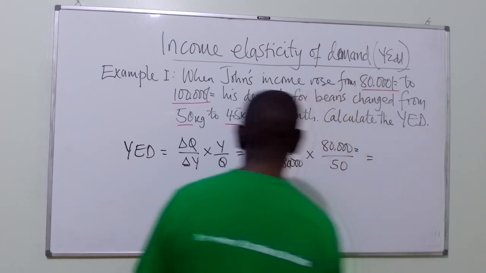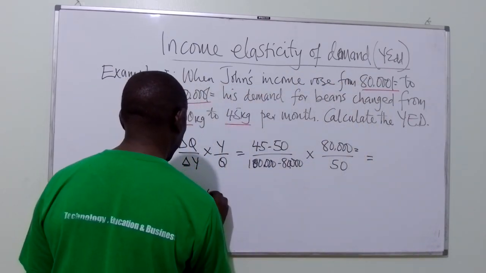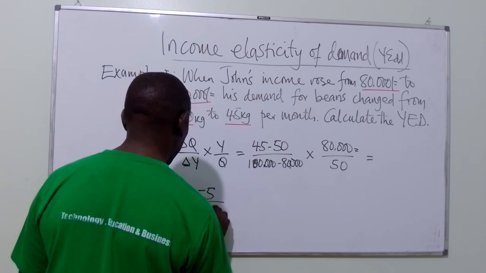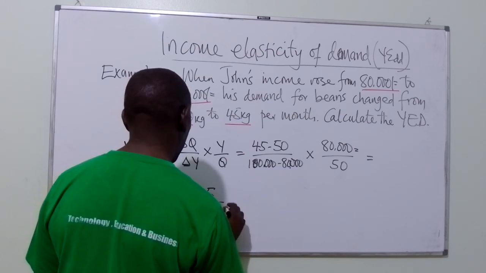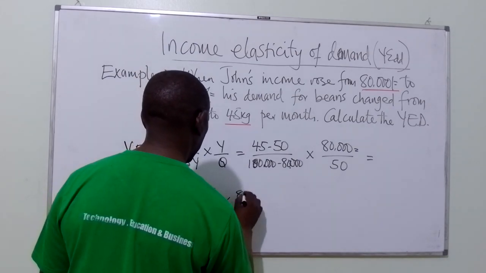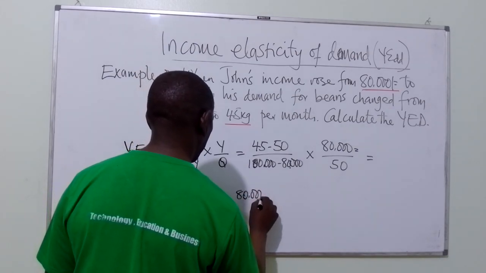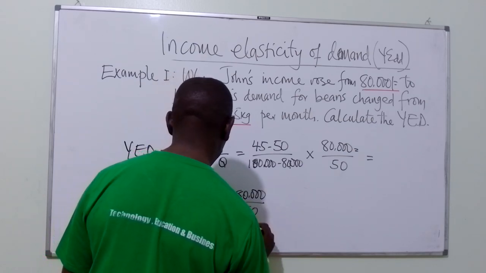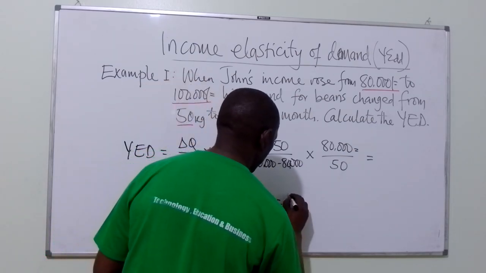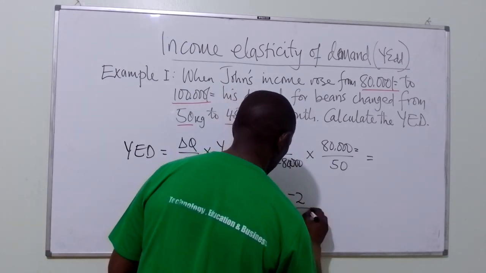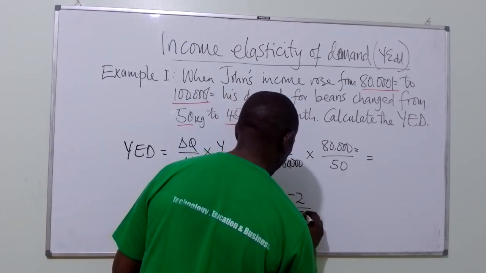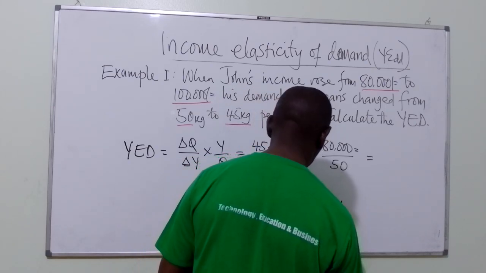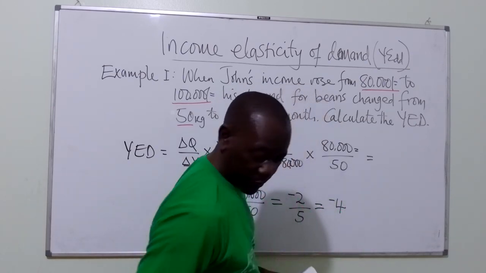This is going to equal negative 5 over 20,000 times 80 over 50, which is going to give you negative 2 over 5. And this is going to give you negative 4. Sorry, negative 0.4.